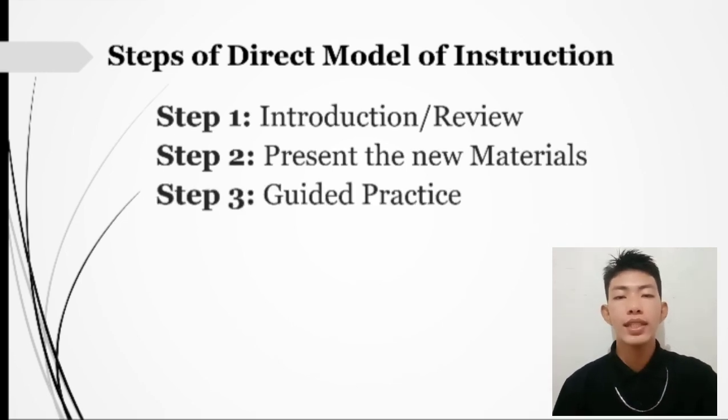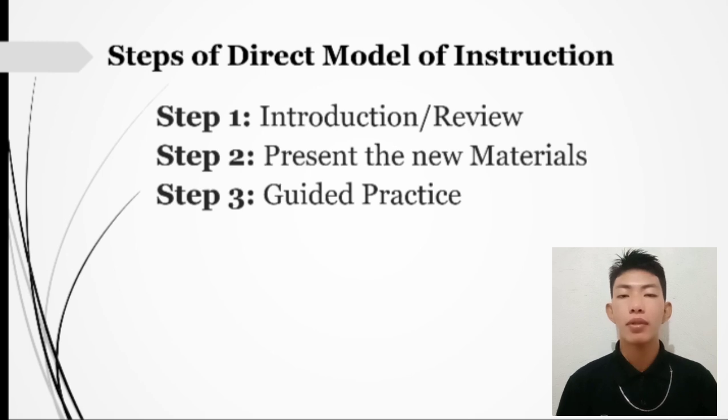The next step, step 3, is about guided practice. In this part, the teacher and the students practice the concept together. The students practice the skills and apply the lesson with the guidance of the teacher.